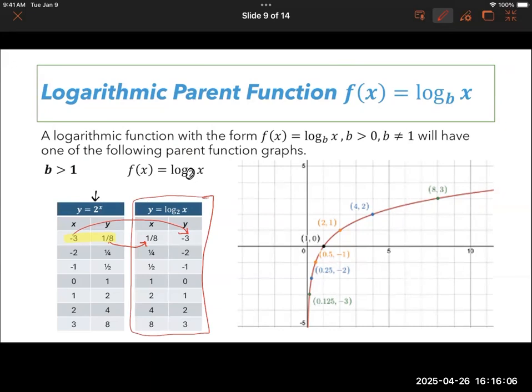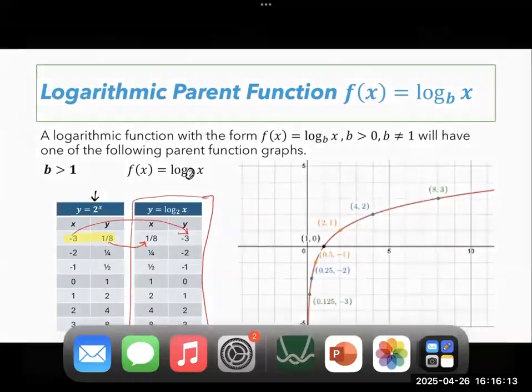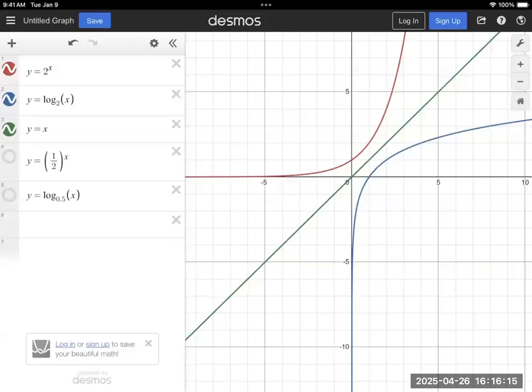The other thing that you can use to visualize how this should look is to again remember that exponential and logarithmic are inverses of each other. And one of the characteristics of inverse functions is that they have to be a reflection of each other through the y equals x line.